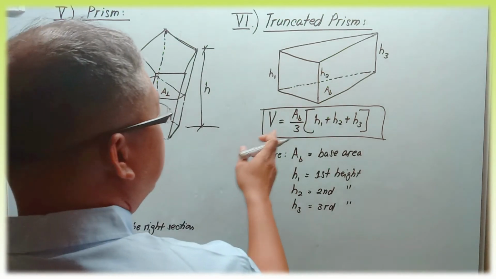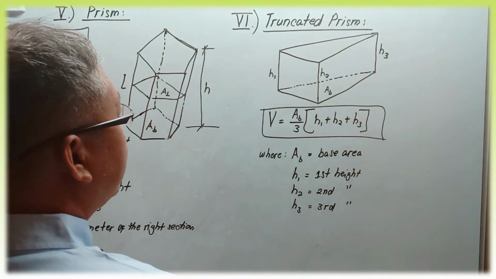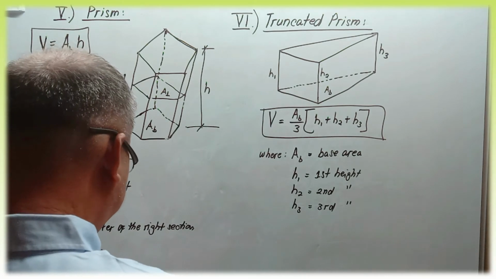So this is the formula, guys, on how to solve the volume of a truncated prism.